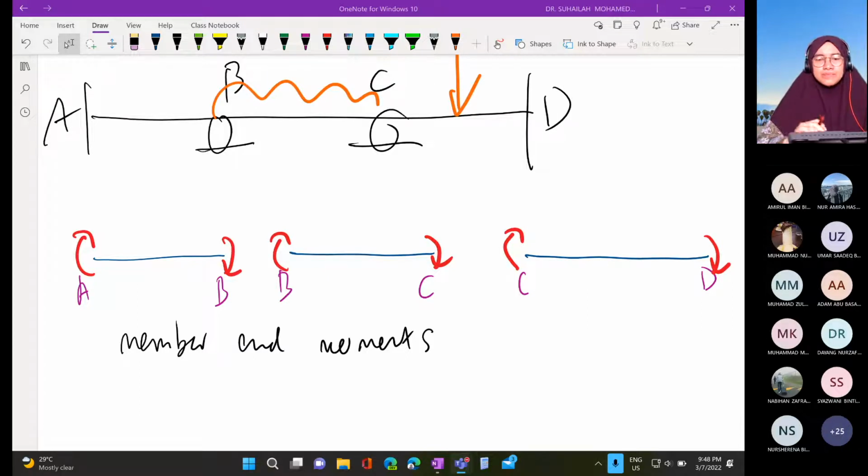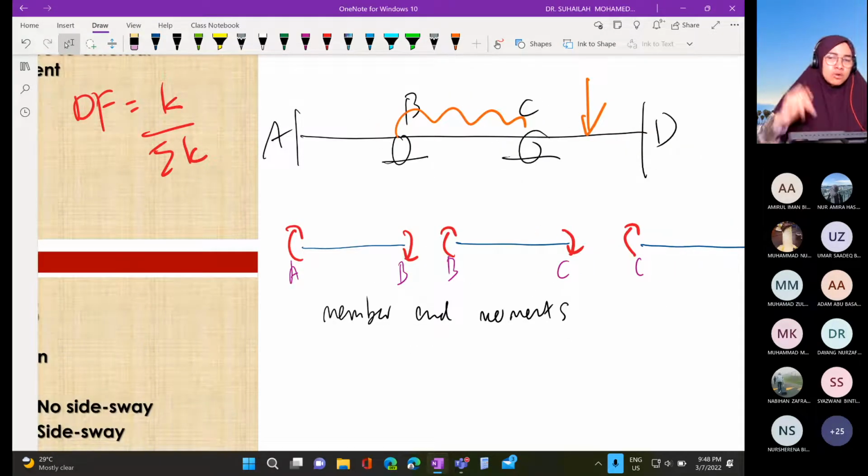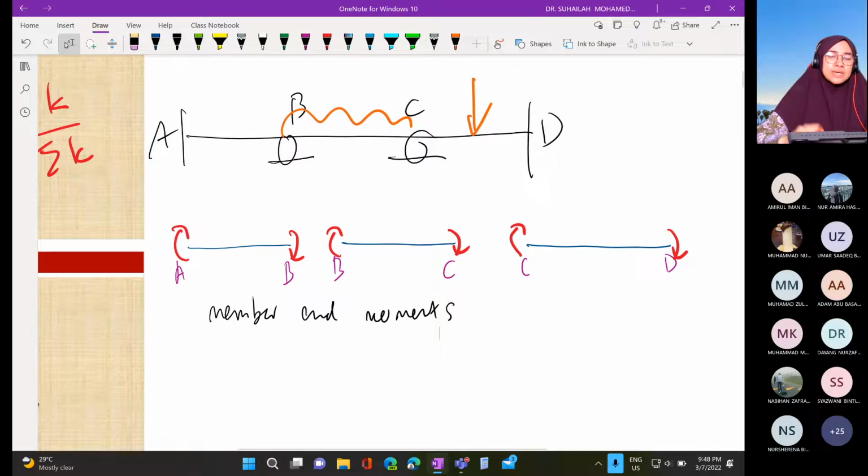All are different terms but represent the same thing. Member end moment, internal moment, bending moment are the same. Okay, member end moment.